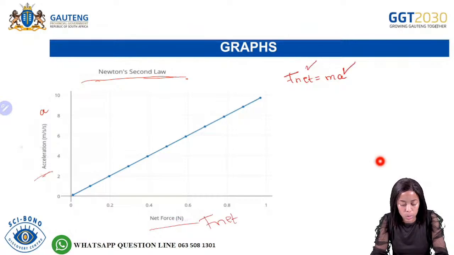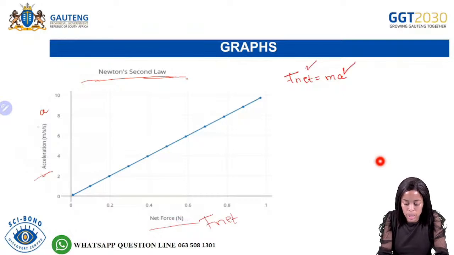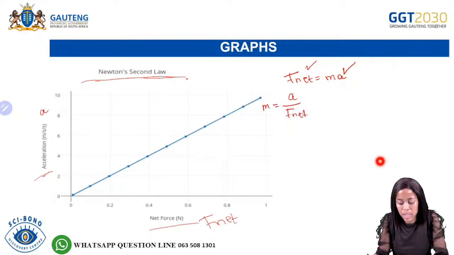What you need to know is that if you divide the y-axis by the x-axis, you get your gradient. So a division of the y-axis by the x-axis gives us what? m, which represents your gradient.